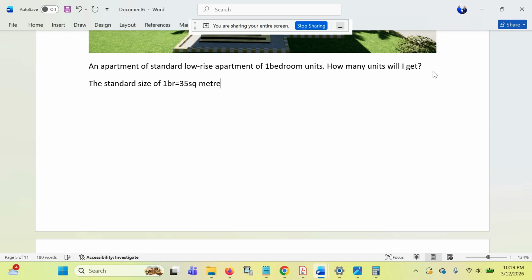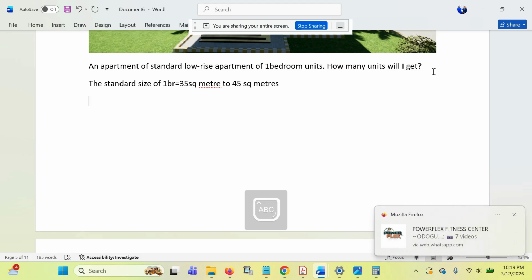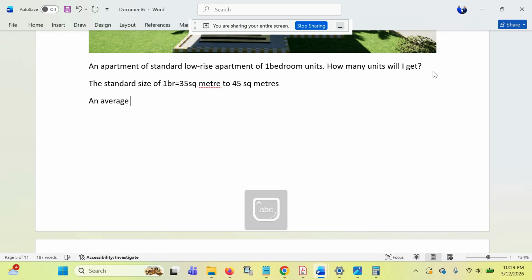This is important. Now usually the standard size of 1 bedroom is usually 35 square meters to 45 square meters.